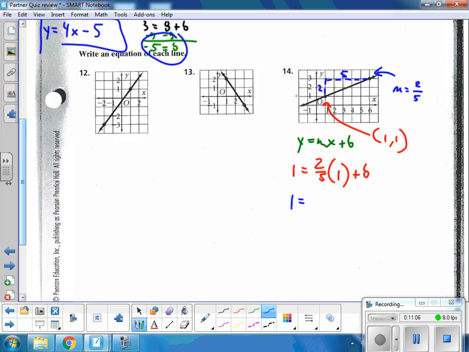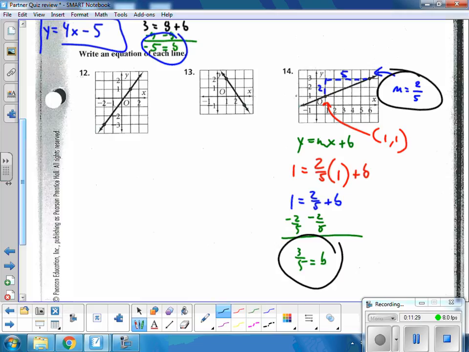Simplify that, 1 equals 2/5 plus b. To undo 2/5, I'm going to subtract 2/5, and I end up with 3/5. So if I have a whole one and I take away 2/5 from it, I'm going to be left with 3/5 equals b, and I have all the pieces I need. There they are. Slope, my y-intercept.